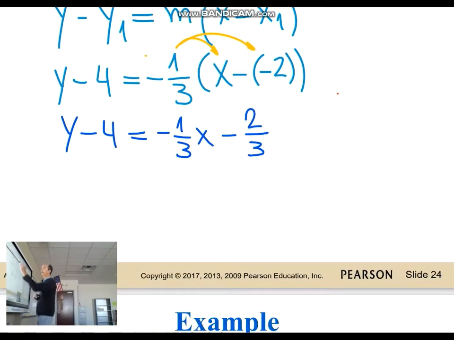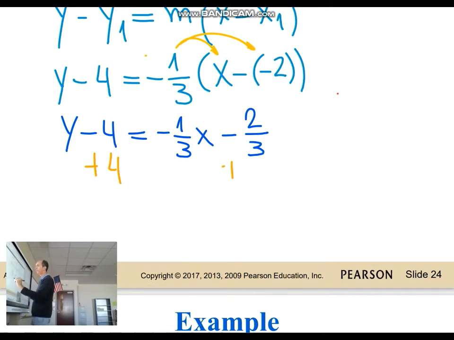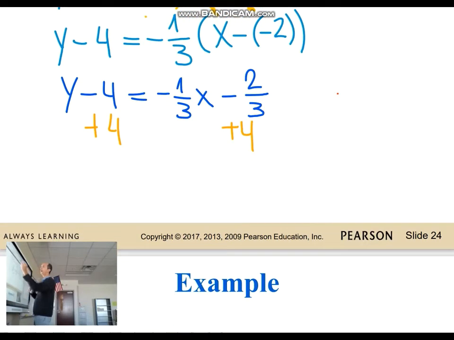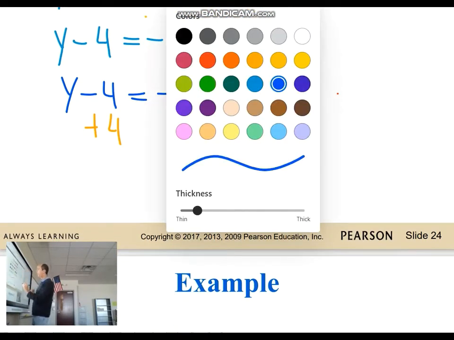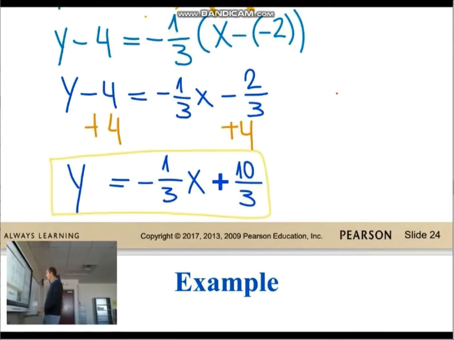And now apply the addition property of equality, add 4 on both sides, and you will have the equation of the parallel line: y equals negative 1 over 3 x plus 10 over 3.